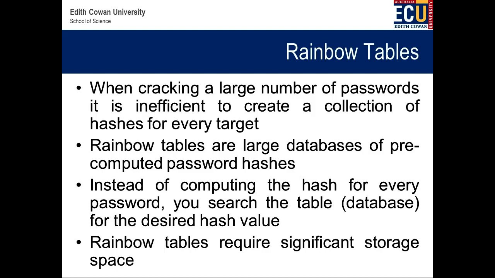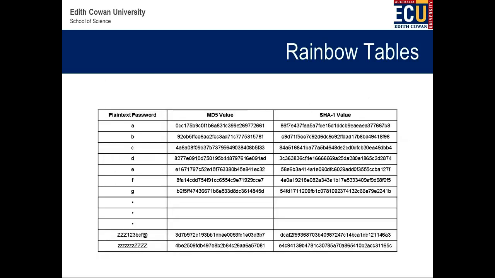The side effect of using rainbow tables is that it requires significant storage space. This is somewhat an example of a rainbow table, how it looks. You have a plain text password, and this is the corresponding MD5 value and the SHA-1 value.